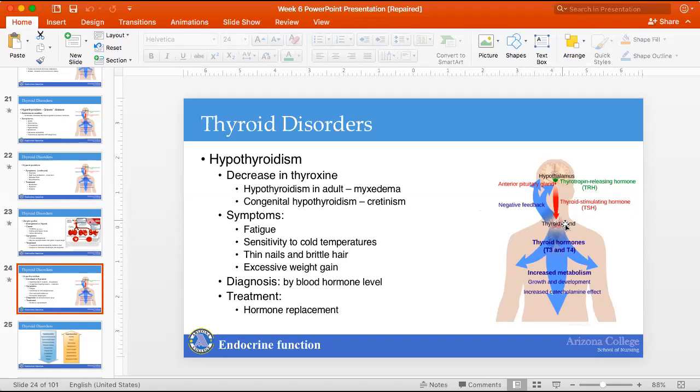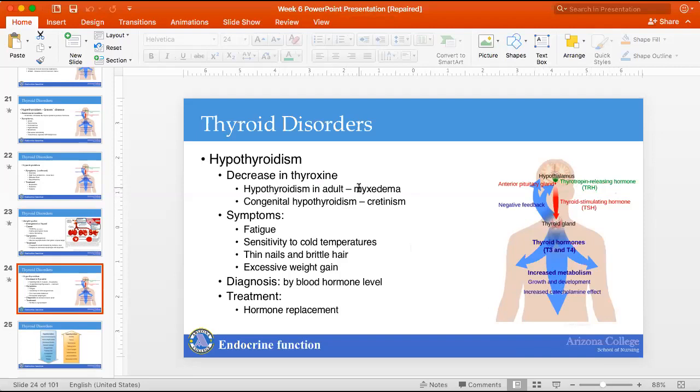And remember that it has this negative feedback effect. So as you reach a certain level of these thyroid hormones, it should then tell the hypothalamus to stop releasing the releasing hormone.